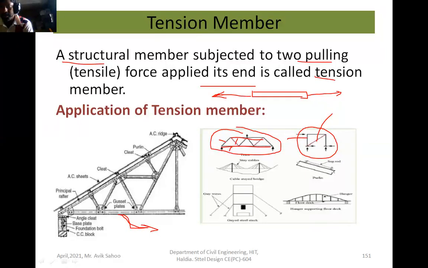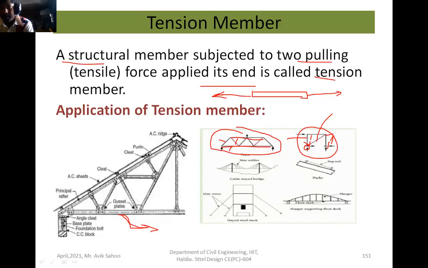Due to lateral forces, sway takes place. Sway means the lateral deformation. This point tries to move in this direction, but the bracing member transfers forces to the support.